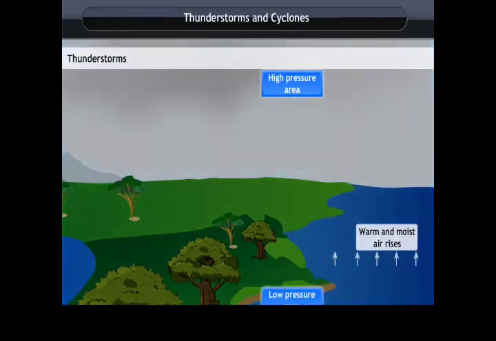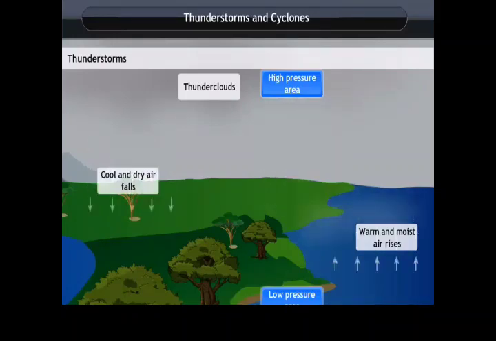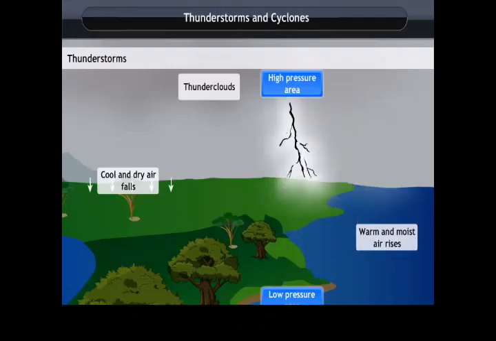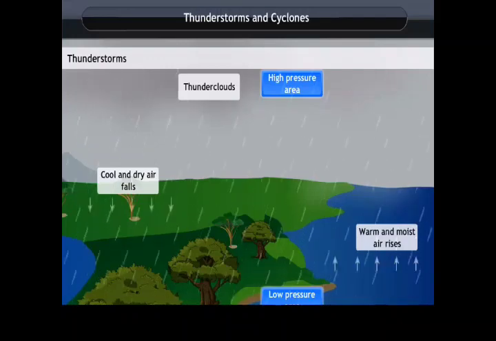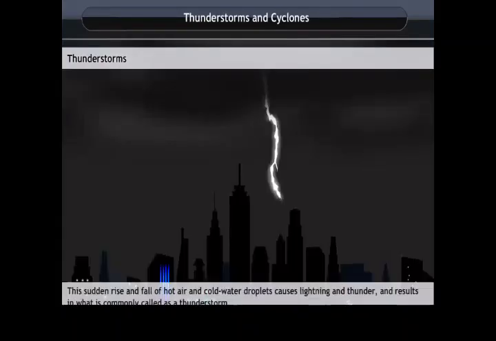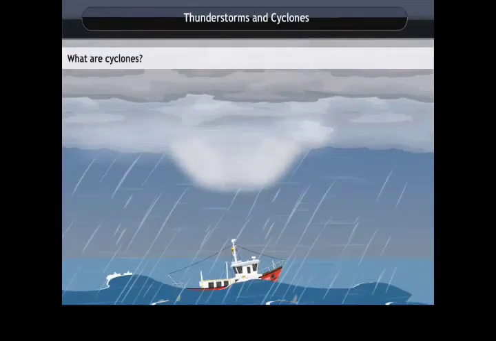This causes the air to move upwards and forcefully carry the water vapor present in the air to a higher altitude. At high altitudes, water vapor freezes to form water droplets or hail, which falls on the earth. This sudden rise and fall of hot air and cold water droplets causes lightning and thunder and results in a thunderstorm. Now see, what are cyclones?